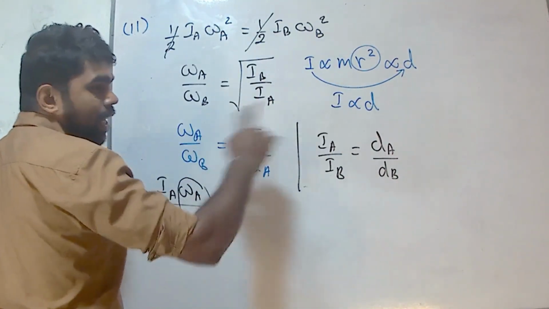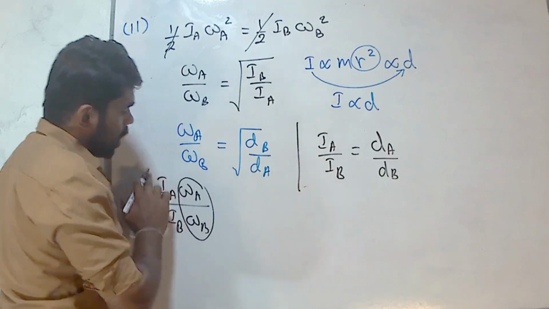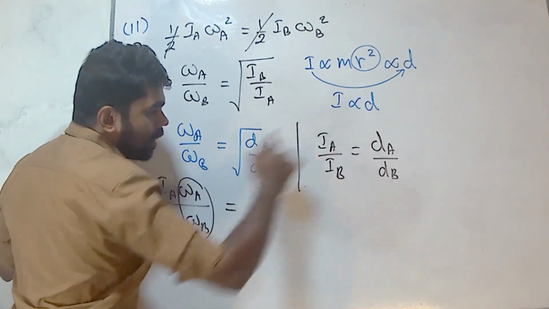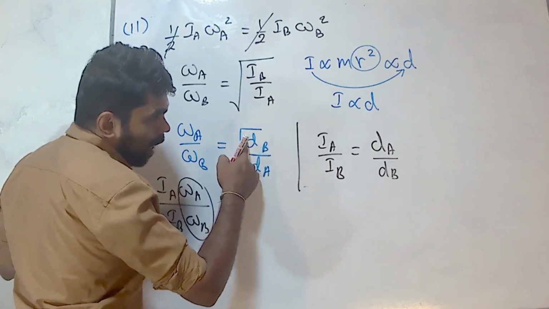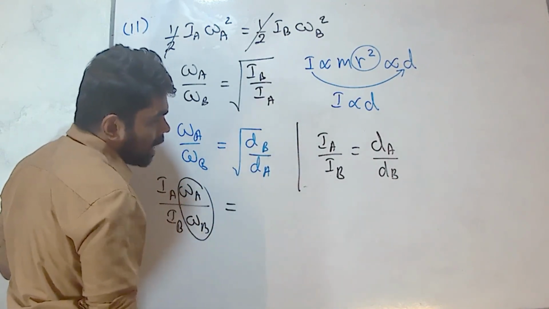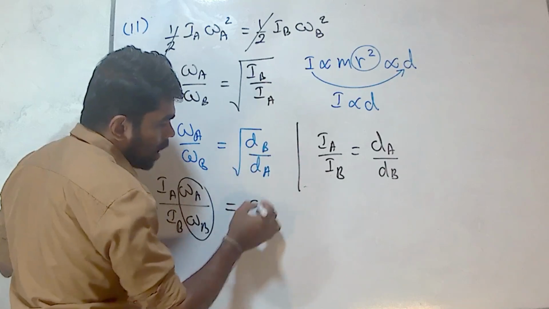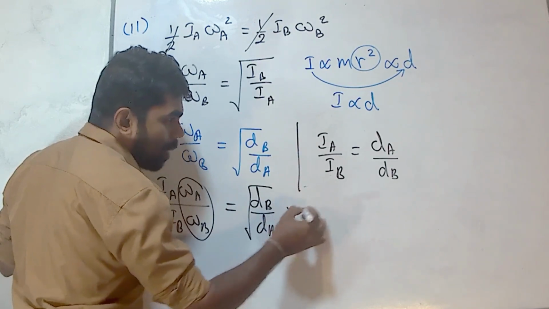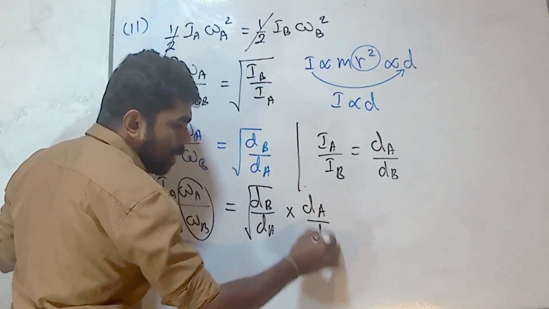Now there are two relationships, and we can multiply this part and this part. Then the root dB term cancels, and we get root dB divided by root dA multiplied by dA over dB.